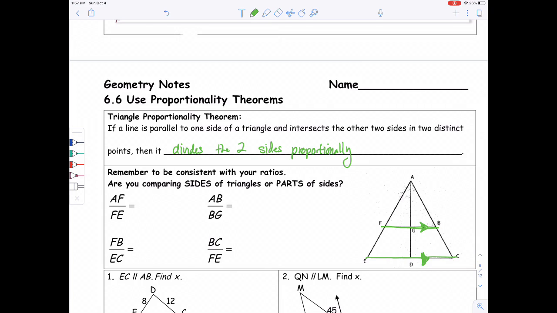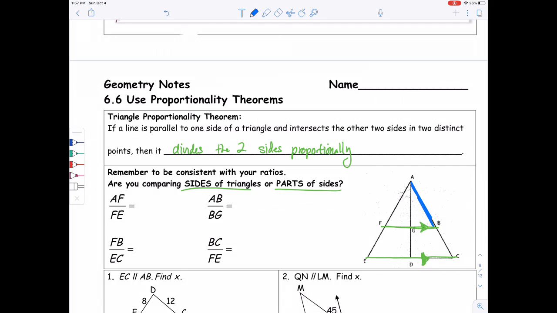So you should be asking yourself, are you comparing sides of a triangle or parts of the side? An example of that would be AB here can be thought of as a full side in this smaller triangle that we have. Okay. So that is a full side.